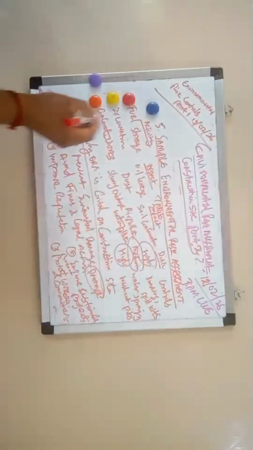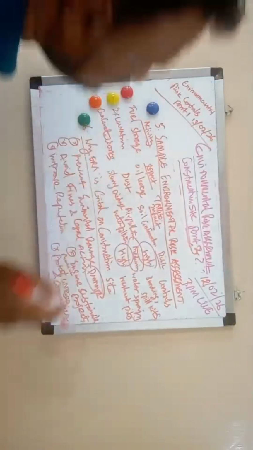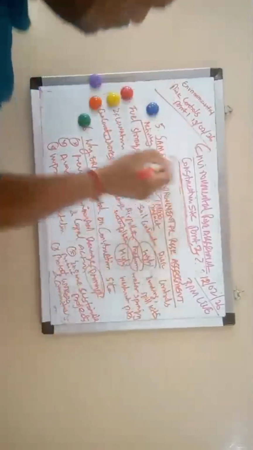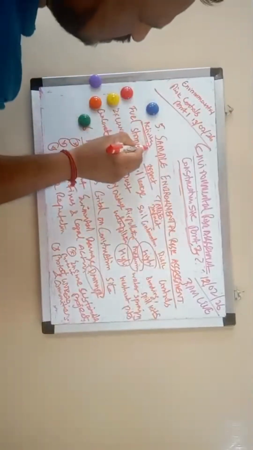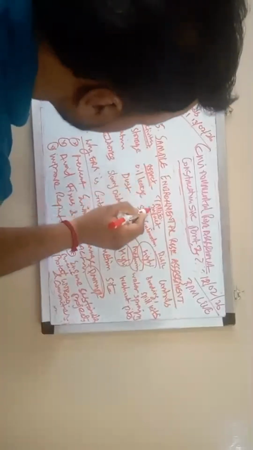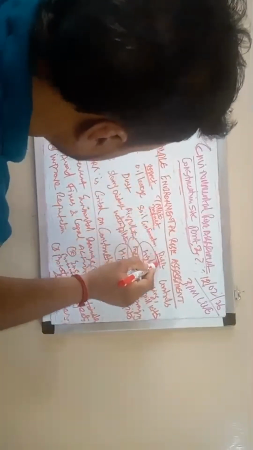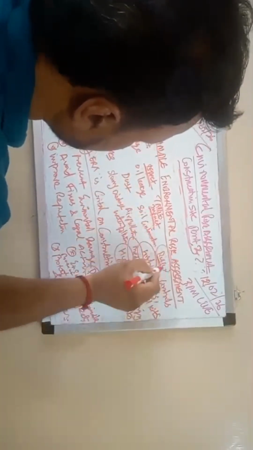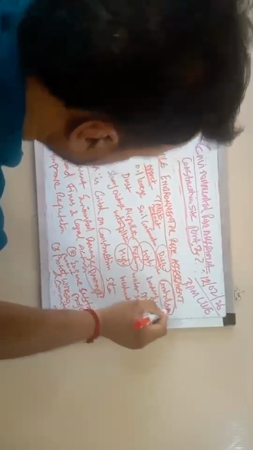Here is a sample for a construction site. The columns are activity, aspect, impact, risk, and risk level controls.